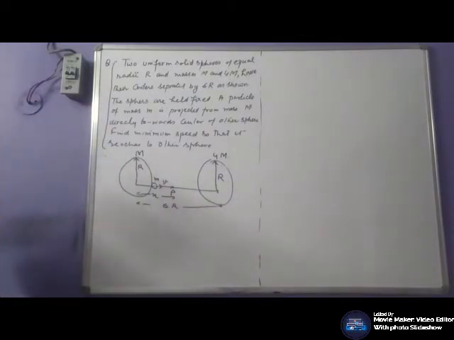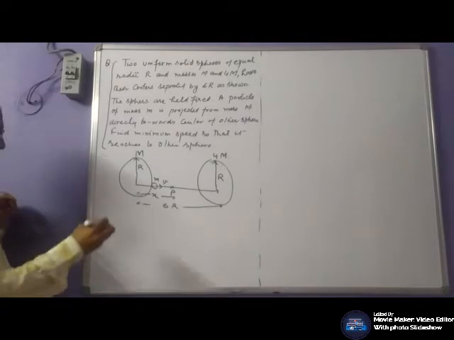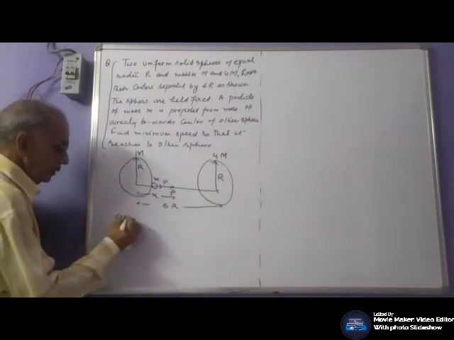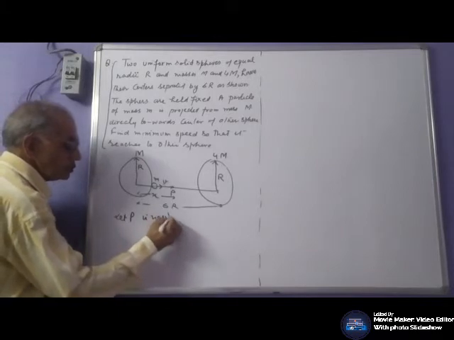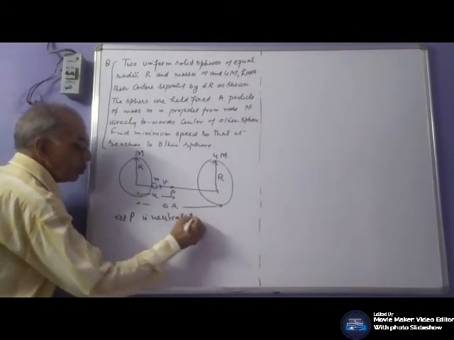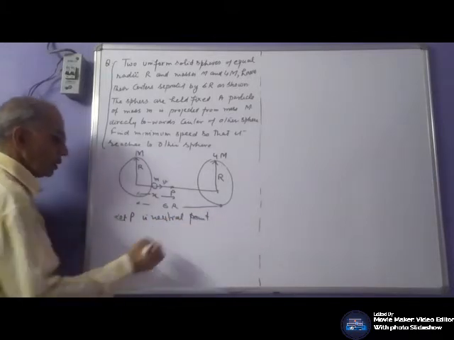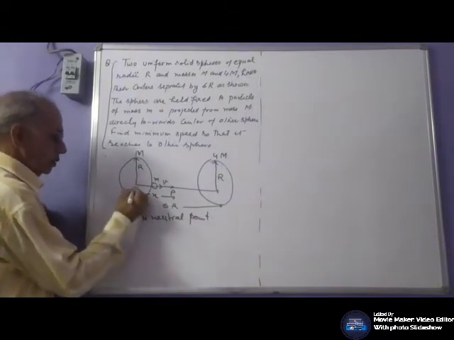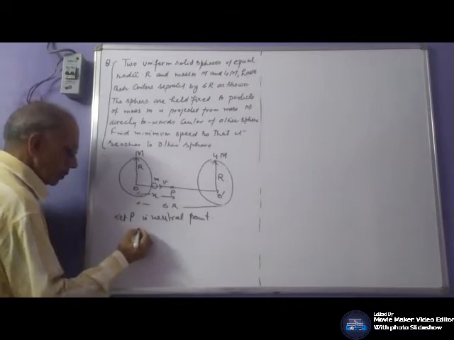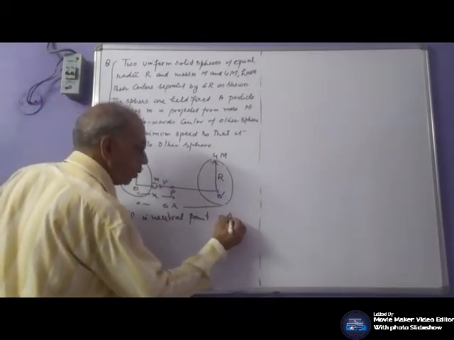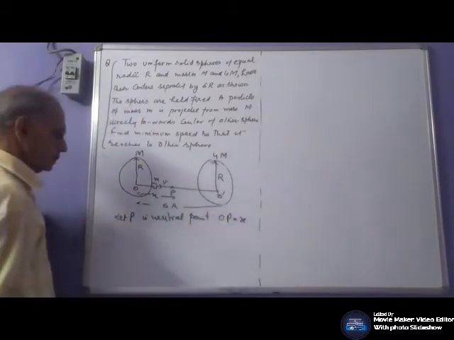So first find the neutral point. Let P be the neutral point, and OP is x.